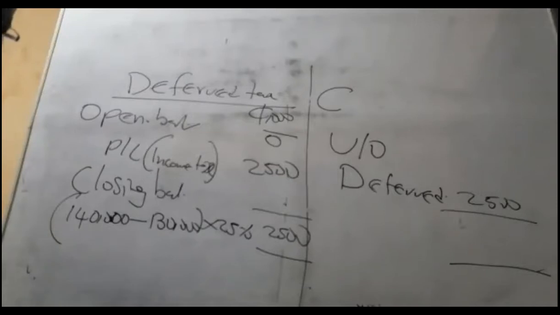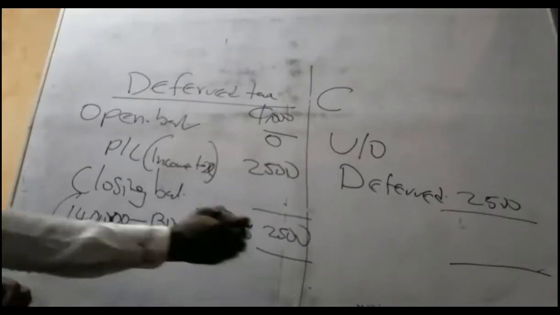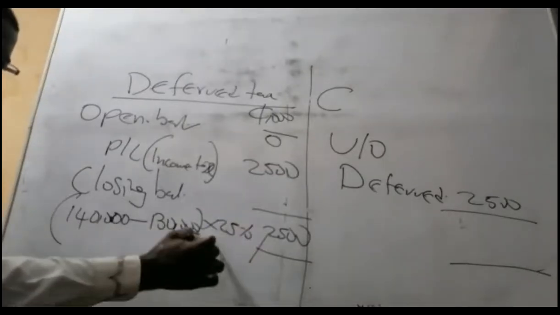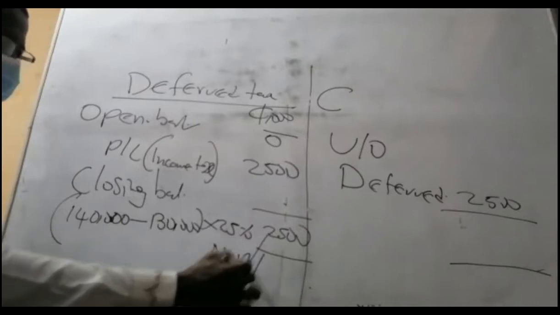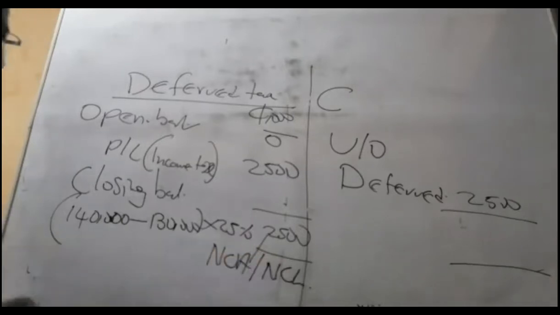Now let's see. We said that this closing balance can be a non-current asset or a non-current liability, depending on the nature of the temporal difference. If the temporal difference is taxable, it's a non-current liability. If it is deductible, it's a non-current asset, and we call it deferred tax asset.